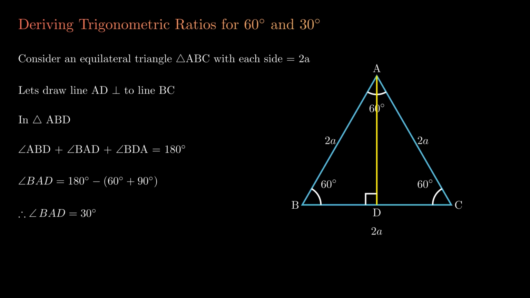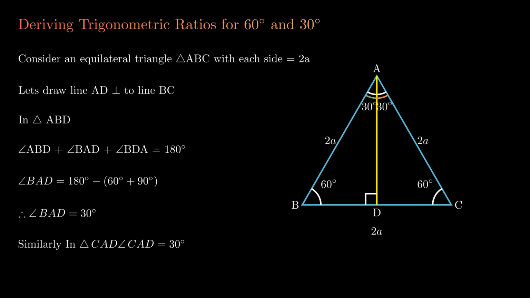So let's write it, angle BAD equals 30 degree in this diagram. Similarly, in the triangle CAD, we can calculate angle CAD to be 30 degree. So now we have angle BAD is equal to 30 degree, angle CAD is also equal to 30 degree. Let's indicate that here.